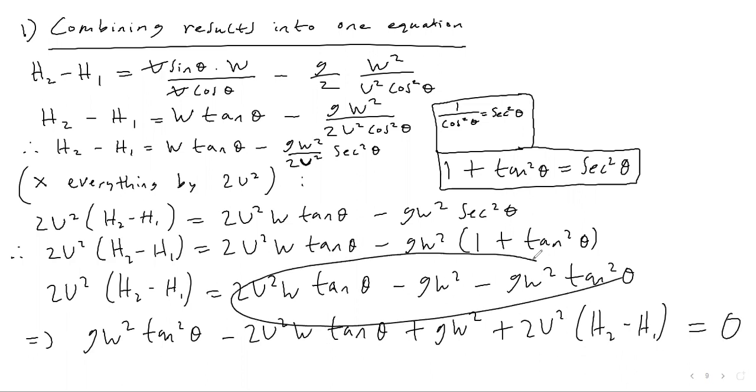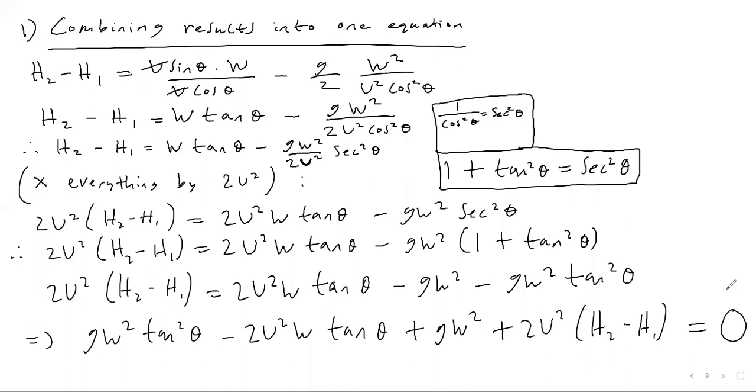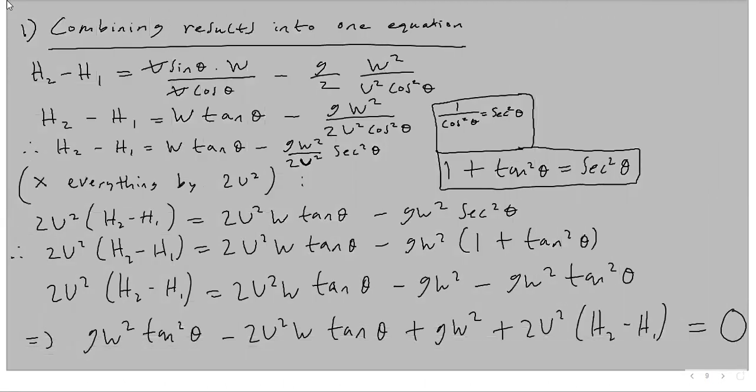So all of this, I'm just taking away on both sides of the equation and moving it to the left side, so that we get a neater equation, and that's a 0 there. Okay, so what we've got here is a quadratic equation in terms of tan theta.